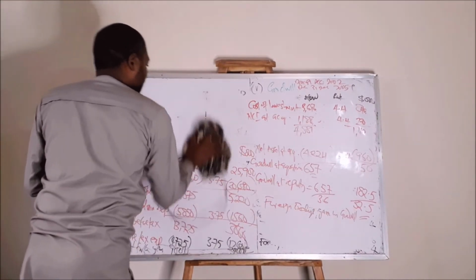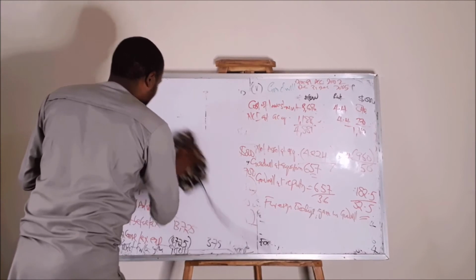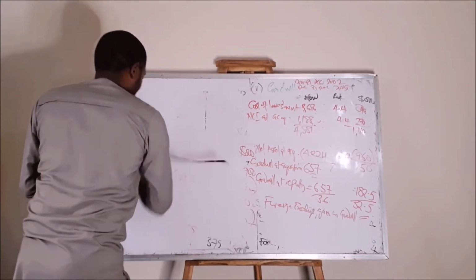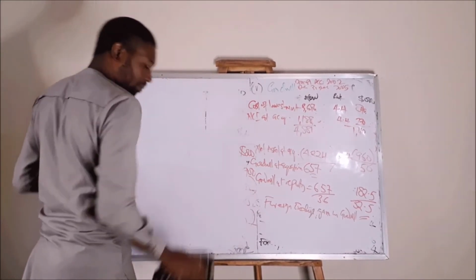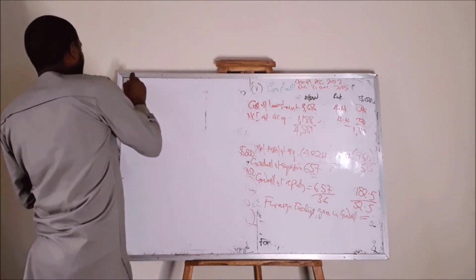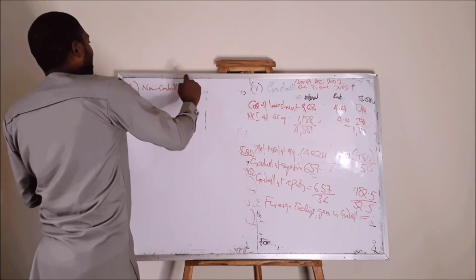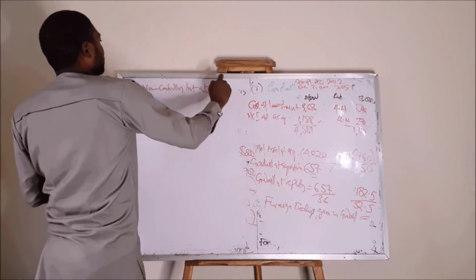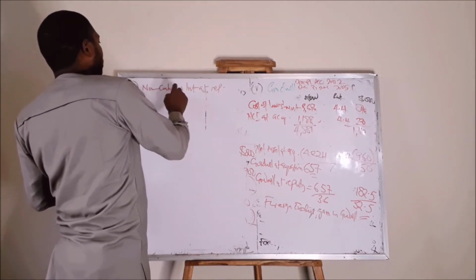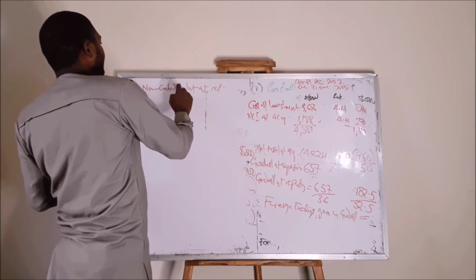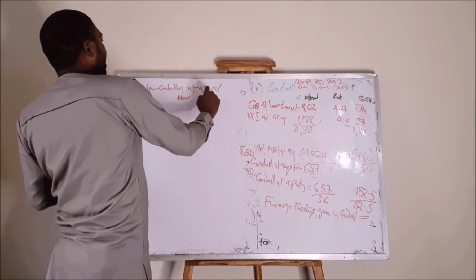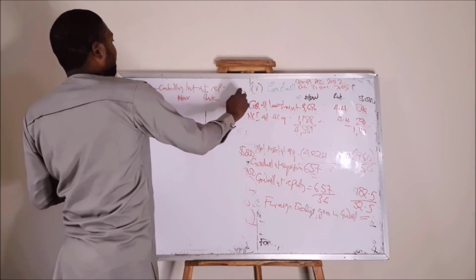That's number 6. Number 6 now is NCI at reporting. Non-controlling interest at reporting. Of course, we have naira, rate, dollar.